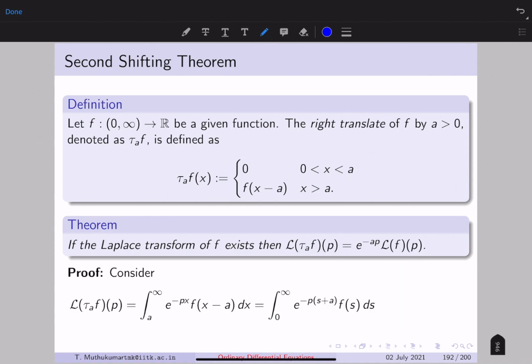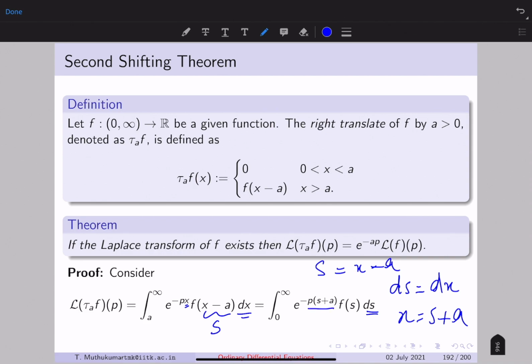And then if you introduce this variable s equal to x minus a, then ds is nothing but dx, so dx is the same as ds, and then you have x here, so x is s plus a, and that is what you have here.